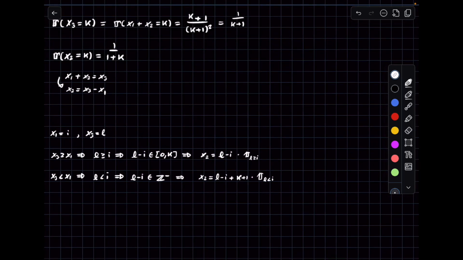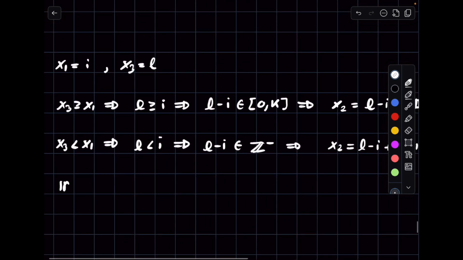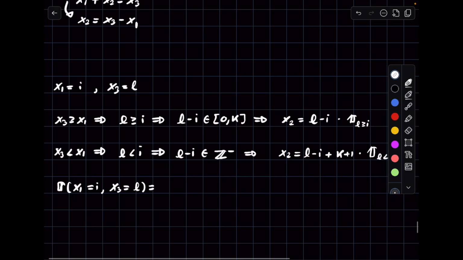So that's pretty much what we did right there. And now we want to see what the probability of x1 equal to I and x3 equal to L is. Basically what we're saying is we know that x3 depends on x1 and x2.